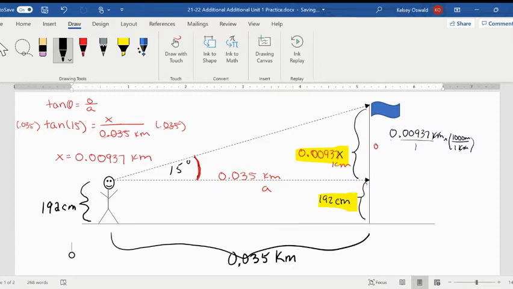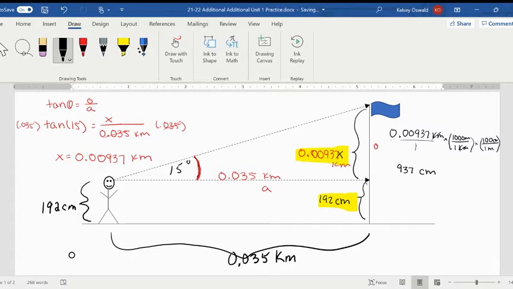Right now we're in meters, but we don't want meters, we want centimeters. So we're going to have to use the fact that for every 1 meter, there's 100 centimeters. And again, you'll be given these conversions. So we multiply that 0.00937 times 1,000 times 100, and we would find that that height there is 937 centimeters.